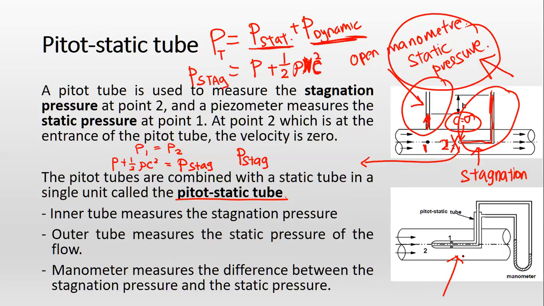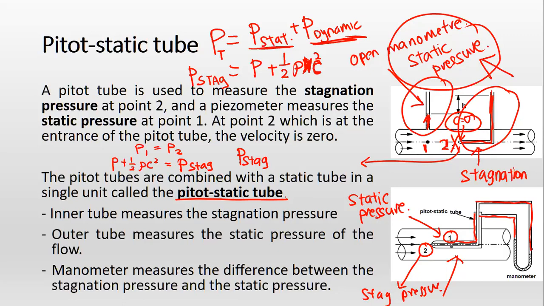Point number one, the outside one, is measuring your static pressure, whereas point number two is measuring your stagnation pressure. One is connected on the outside and is linked to this side of the manometer. Two is the core of the tube and it's connected to this.